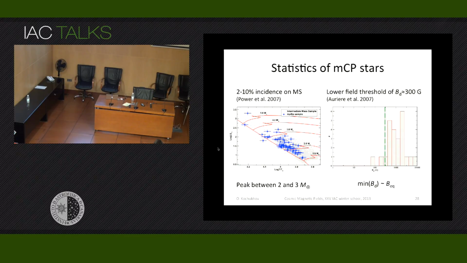Well, first of all, these two are different studies. So this is just incidence, a statistical study. That there are fewer stars here, you mean? Well, I don't think it's possible to say that. The error bars are still fairly large to make these claims.